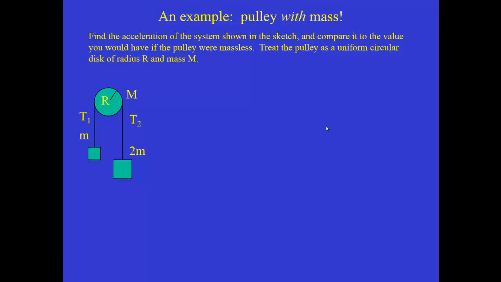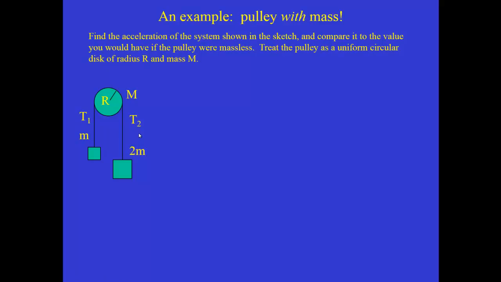You'll remember earlier in the semester we analyzed a system like this, where you have two masses connected to a string, and that string is wrapped around a pulley. We considered the case where the mass of the pulley and the size of the pulley were negligible, and so that allowed us to assume that the tension on both sides of the pulley was the same in that string.